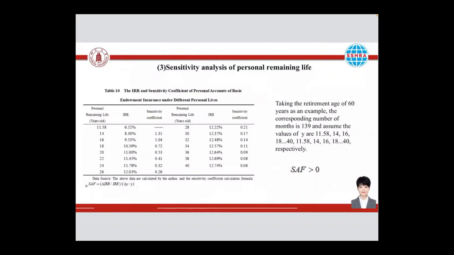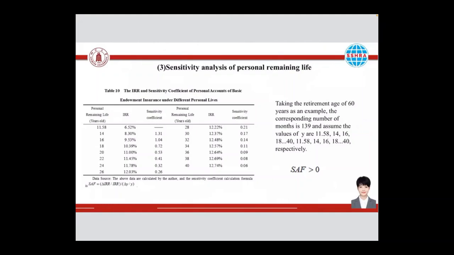And taking the retirement age of 60 years old as an example, the corresponding number of months is 139. So we assume the values of remaining life are 11.58, 40, 60, 80, and so on, respectively.